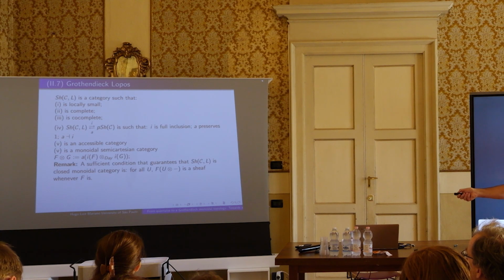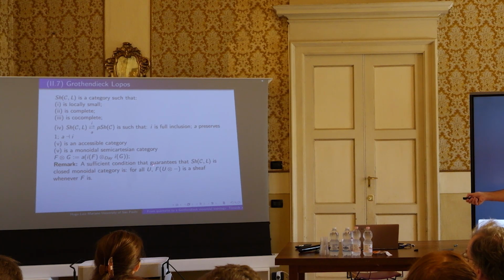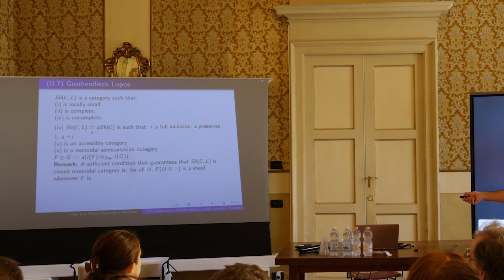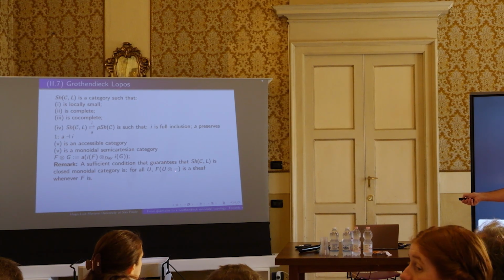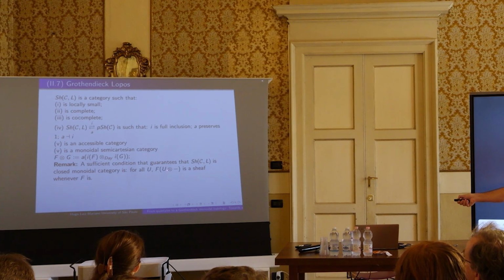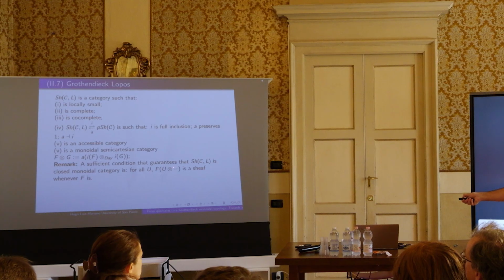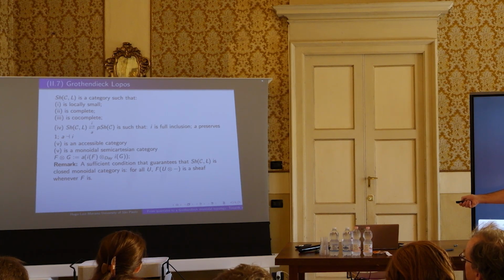But to get monoidal closedness, we have to get another property that we don't know if the four axioms already imply, but that's equivalent to requiring that this relativization of a sheaf is still a sheaf.